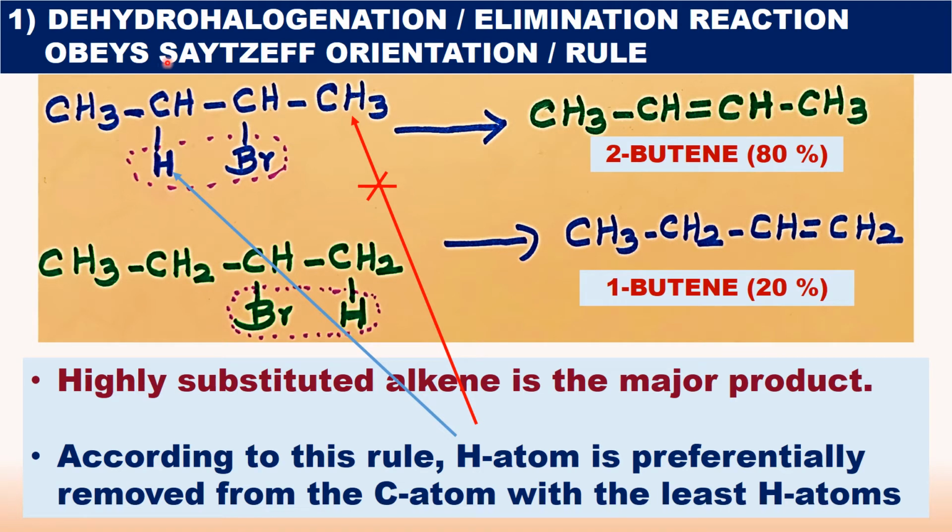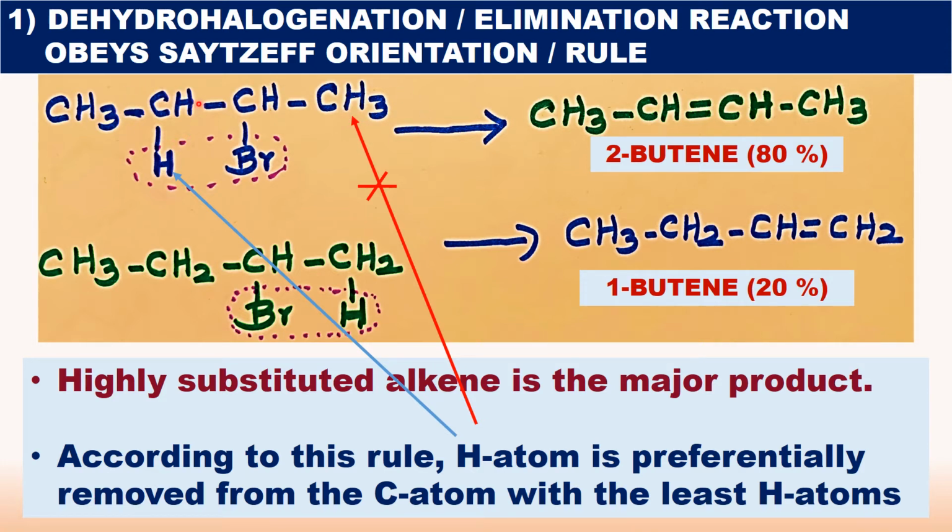The first example for Zaitsev's rule: dehydrohalogenation, that is an elimination reaction, obeys Zaitsev's orientation or rule. This is again 2-bromobutane. On heating, it gives two products. There are two possibilities. You can remove hydrogen from this carbon atom with the highest number of hydrogen atoms.